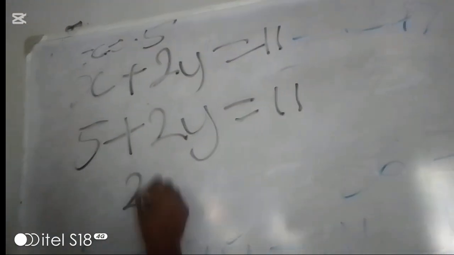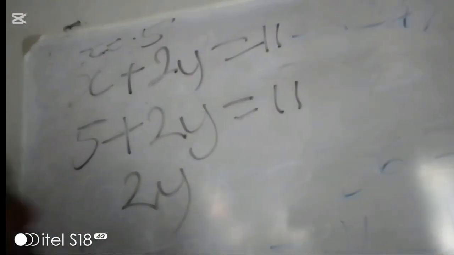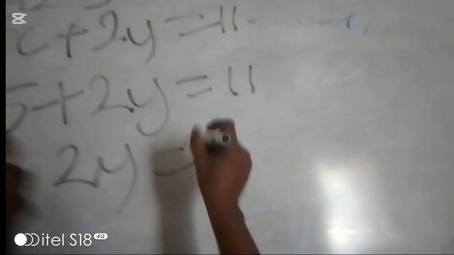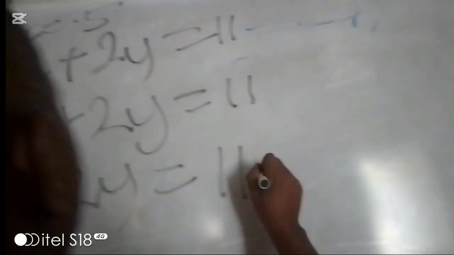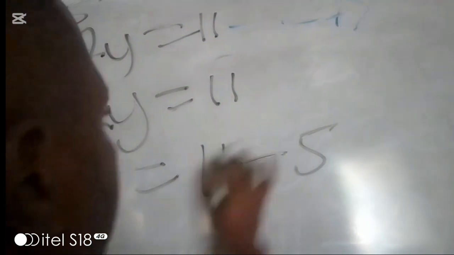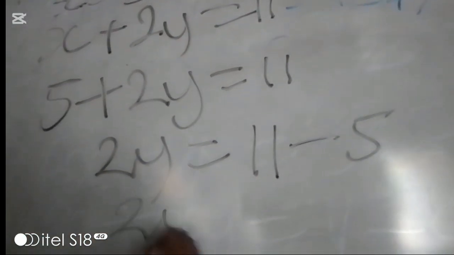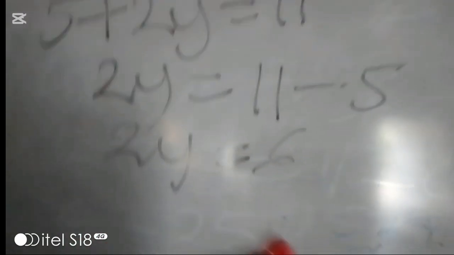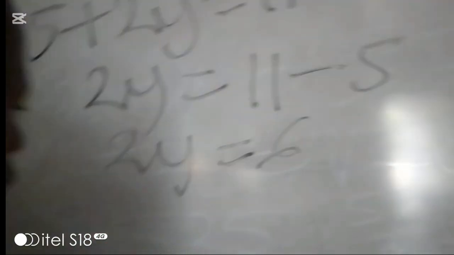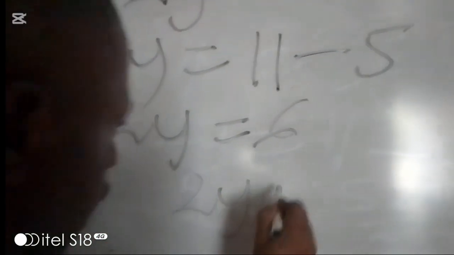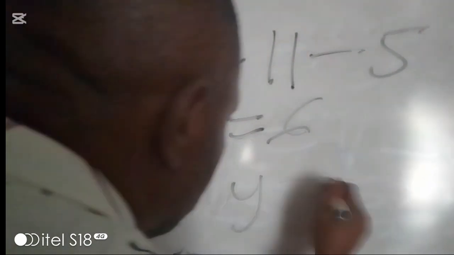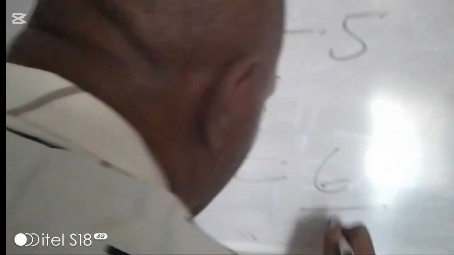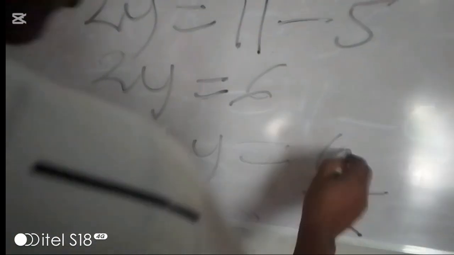Collect like terms. 2y equal to 11 minus 5. So 2y now equal to 6. To find the value of y, y now equal to 6 over 2. 2 into 6 is 3.